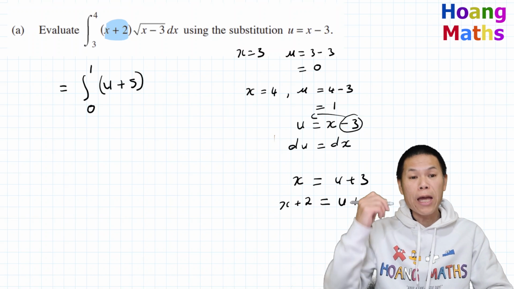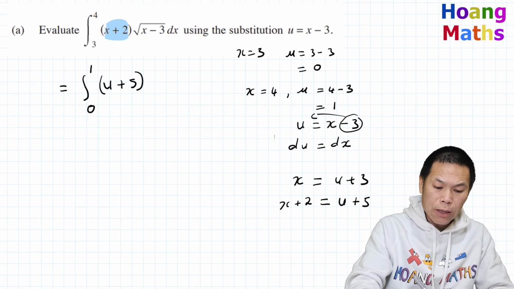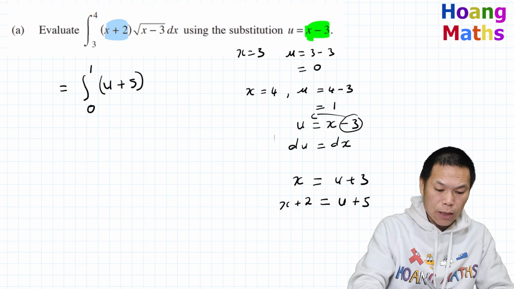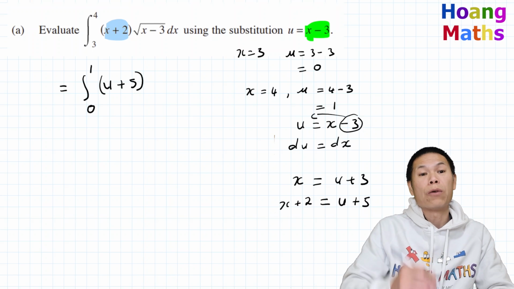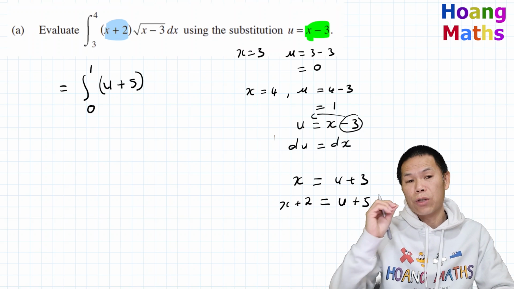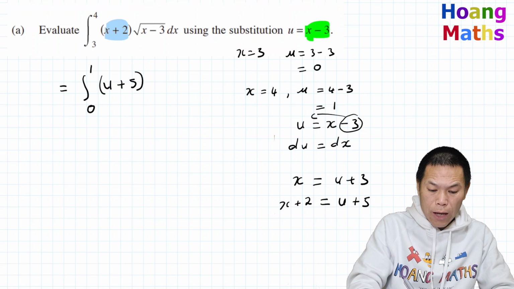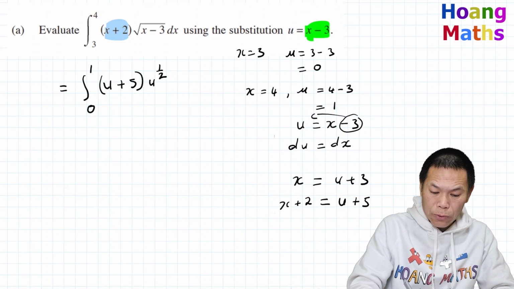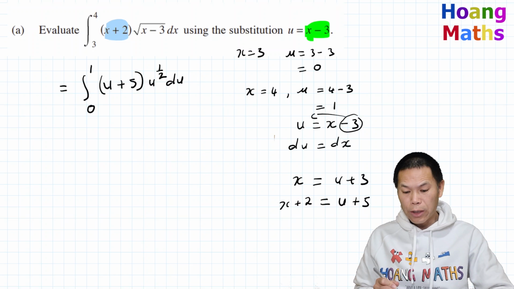And square root of x minus 3 means square root of u, because u is x minus 3. I can write square root of u as u power of a half, and dx is equal to du. So there you go.